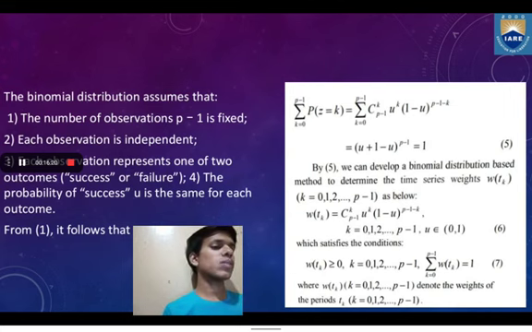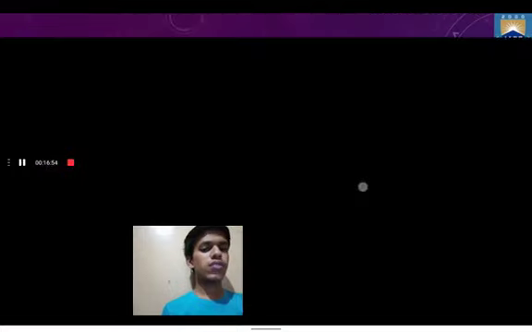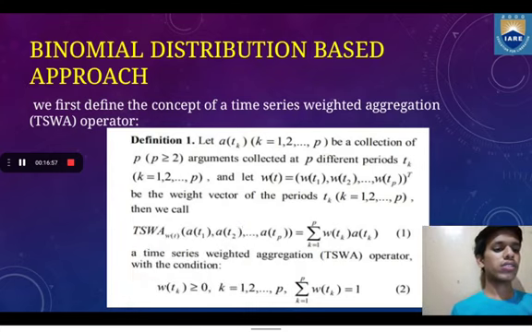We can develop a binomial distribution based method to determine the time series weight, that is w of tk. Now k is equal to 0, 1, 2, 3, as we have discussed everywhere, so k starts from 0 and goes up to p minus 1. So we derive the weight vector w of tk equal to (p minus 1) C k, u to the power k, (1 minus u) whole power p minus 1 minus k, which satisfies the conditions we have already discussed in equation 2.